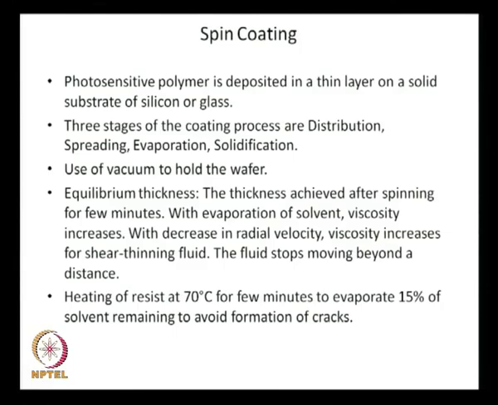If omega increases, then H would automatically decrease. So the thickness would be lower. And obviously, if you have a Newtonian fluid, you expect the entire fluid to be just thrown out of the center, so you cannot have the concept of equilibrium thickness. This can exist only for a non-Newtonian fluid where the viscosity changes with evaporation of solvent.